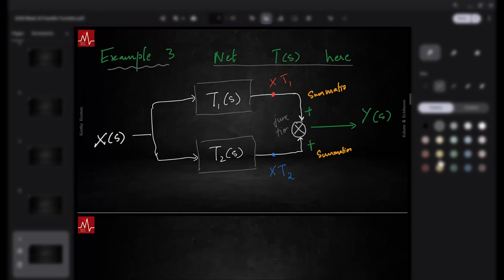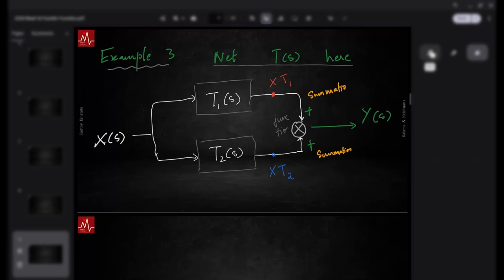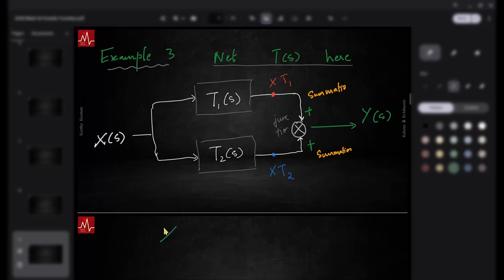I almost gave it to you. Or Y of s. Y of s equals summation of two things: X of s, T1 of s. I am not writing this in the Laplace domain. When you put capital letters, this is the Laplace transform variable.